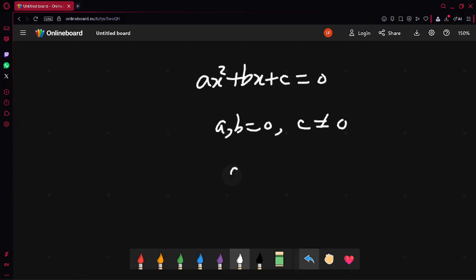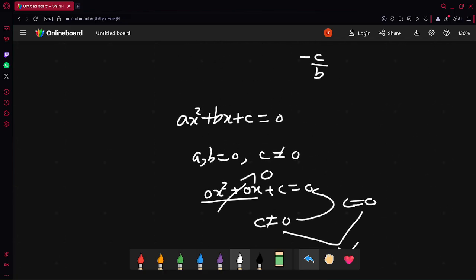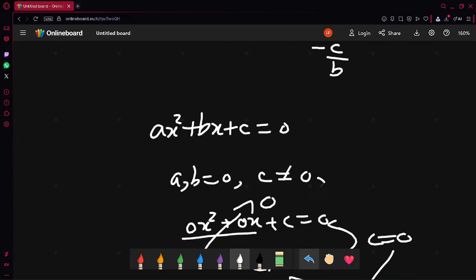Then we would get 0x squared plus 0x plus c equals 0, and this becomes c equals 0. But c is not equal to 0, so this is a contradiction.